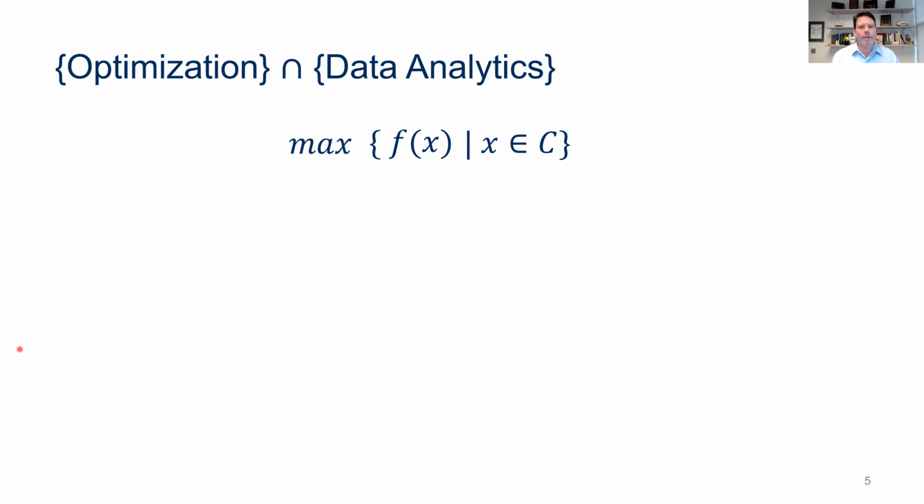And this is one of the reasons we're not seeing a lot of activity in the medical literature, in my view. And I just have a generic formulation of an optimization problem here. I think I'm stating the obvious when I say that these models only work if you have data to populate things like constraints and coefficients and right-hand sides and objective functions.